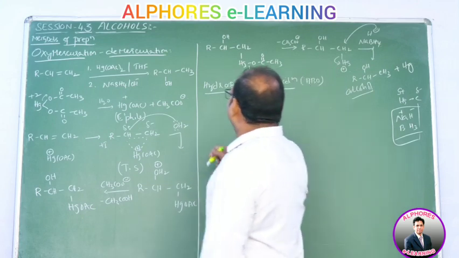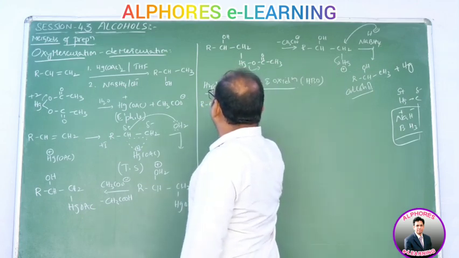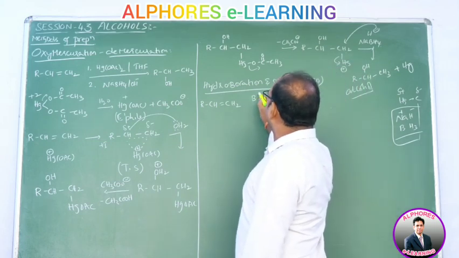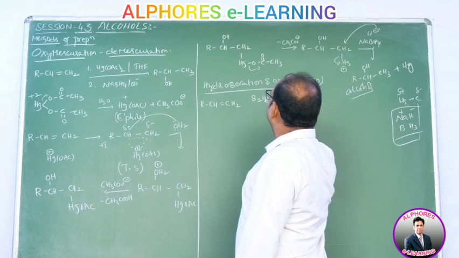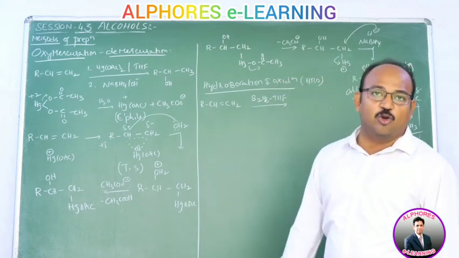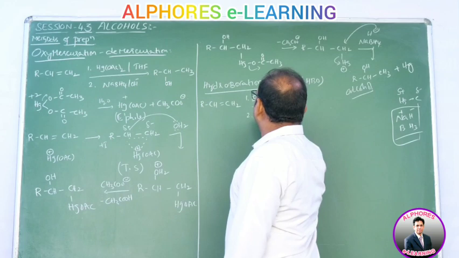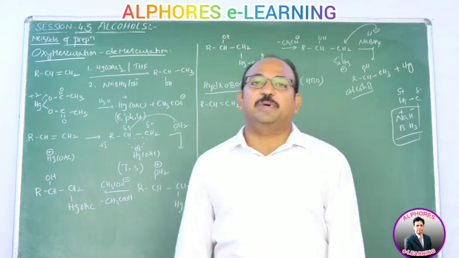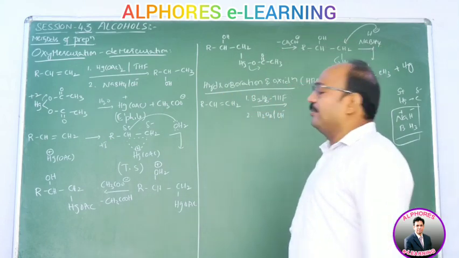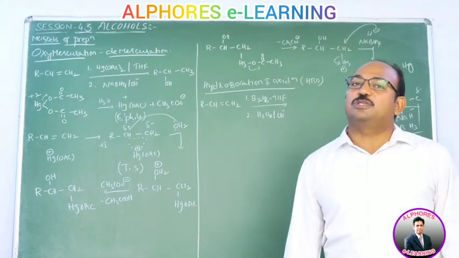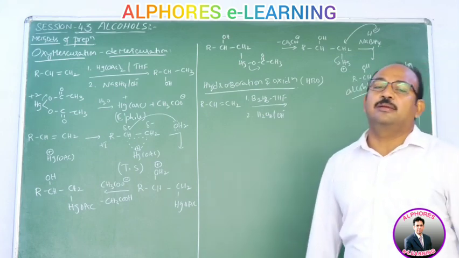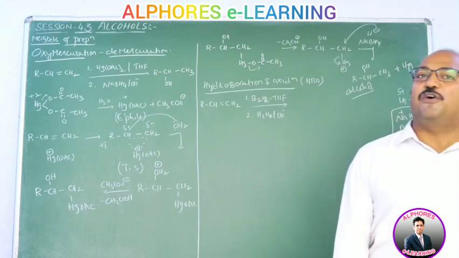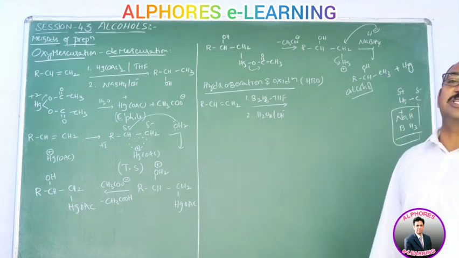Let us see. I am going to consider once again the unsymmetrical alkene CH double bond CH2. For hydroboration oxidation, I am going to consider B2H6 and THF, diborane and tetrahydrofuran, and the second reagent is alkaline hydrogen peroxide. So how does the reaction mechanism proceed, why are we not getting the Markovnikov product, and does the mechanism proceed via carbocation formation or without it?